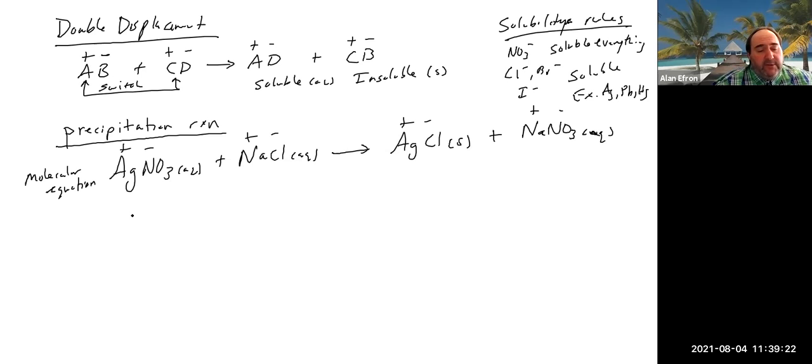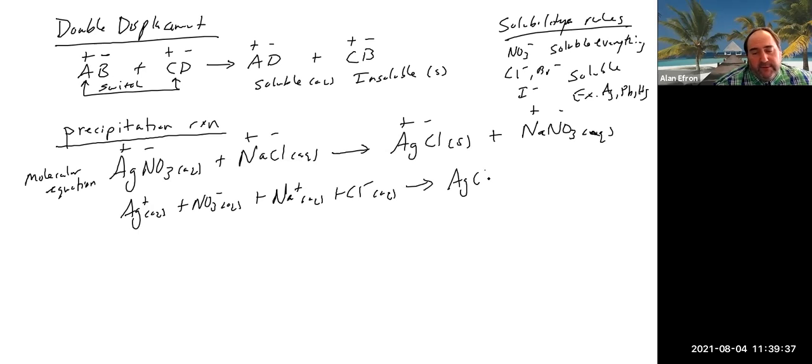So silver nitrate would break apart again into silver plus some nitrate plus some sodium plus some chloride. Again, the silver chloride, which is a solid, will stay together, and our sodium and our nitrate will break apart. This is what is referred to as the total ionic equation, or a complete ionic equation.